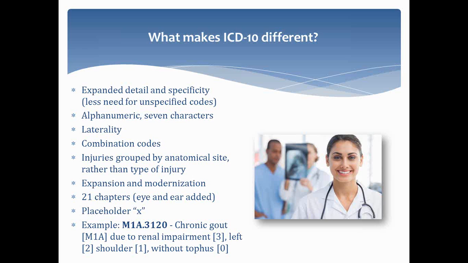Left is the character 2, shoulder is the character 1, and without tophus is the character 0. So we can see how ICD-10 gives us so much more detail and perhaps replaces the need for extensive documentation. They may not need to ask for documentation to validate the medical necessity of this claim because it's all included in the code. So those are some of the key differences with ICD-10.